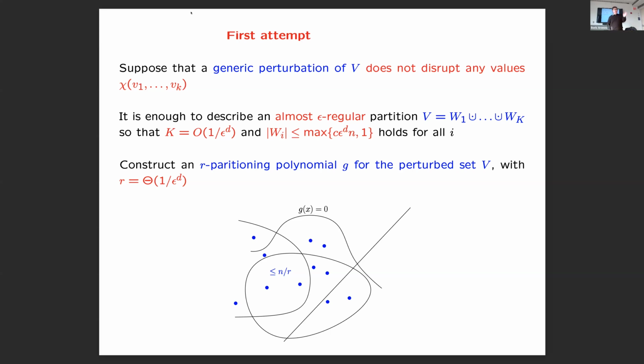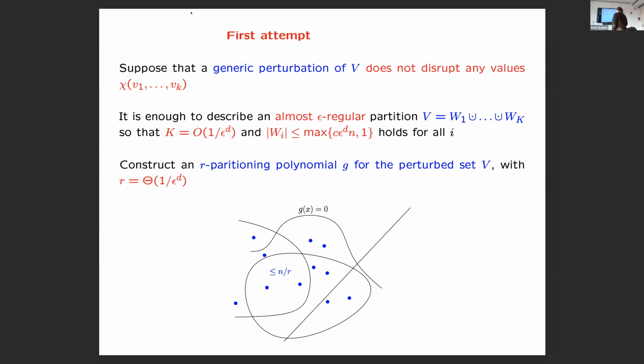And then from there, you subdivide the parts a bit again, you make one more round, and the cardinality of the partition grows by a factor of 1 over epsilon. So this is something quite elementary. So we are going to see an almost epsilon-regular partition of this kind.